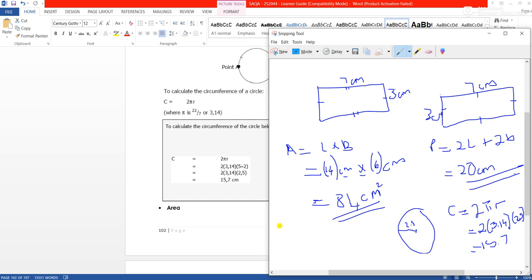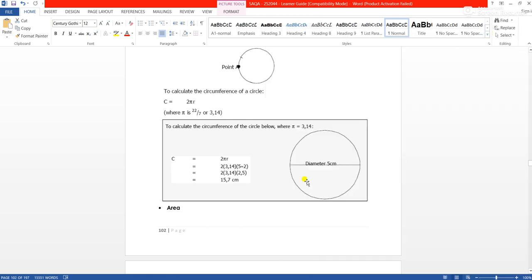You need to divide the 5 by 2 because the diameter has a 2. So those are the differences that you need to adhere to.